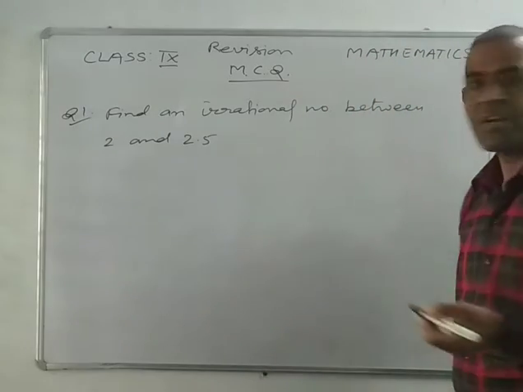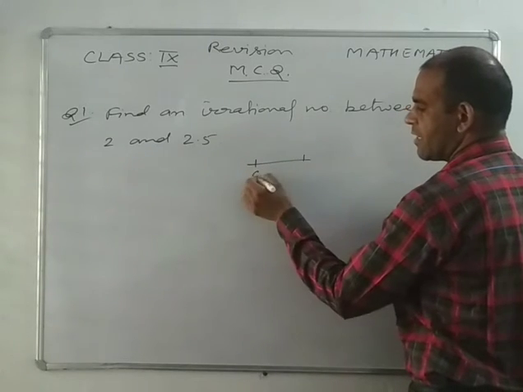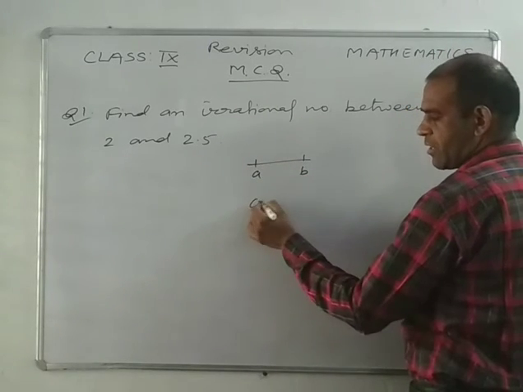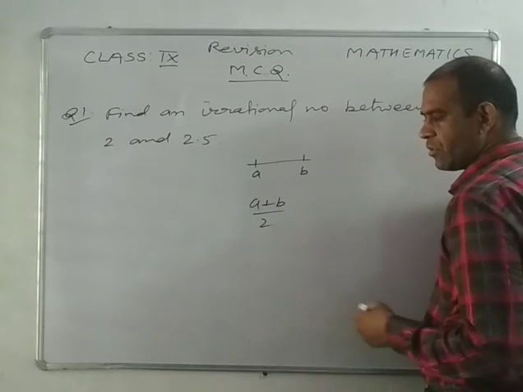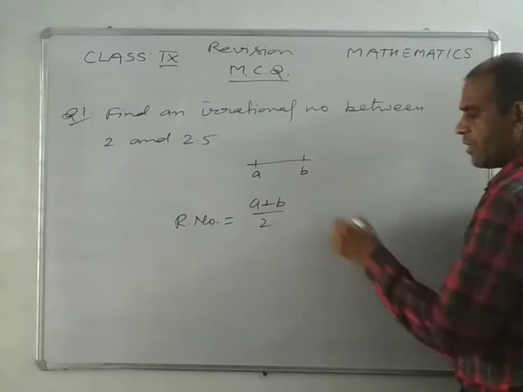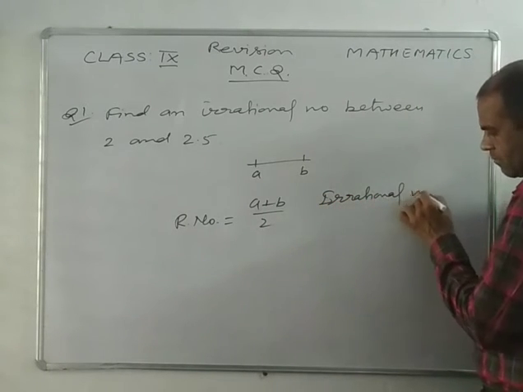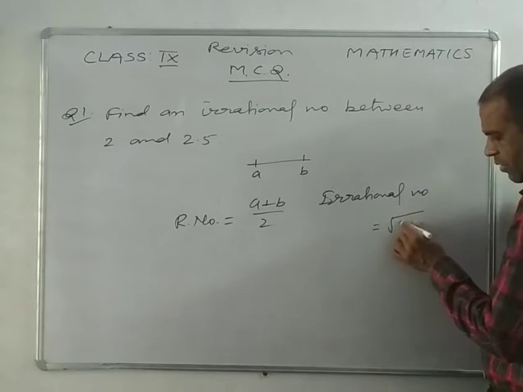If two numbers are a and b, then the rational number between a and b is a plus b by 2, and the irrational number is square root of ab.